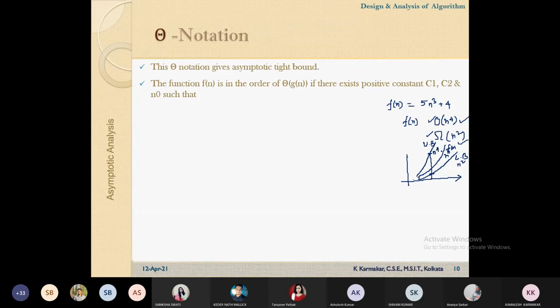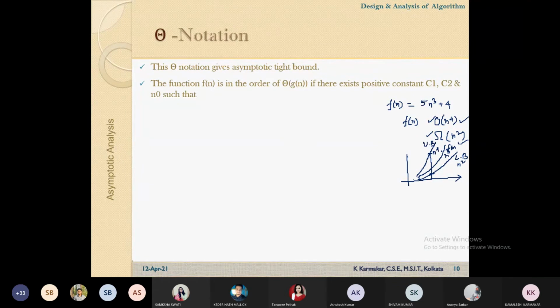But if we say that your score is in the range of 80 to 85, then obviously I will get some idea of what your performance was in that paper. So we will try to lower this limit. The upper bound and lower bound should be close enough so that we can get an idea about the nature of the change.